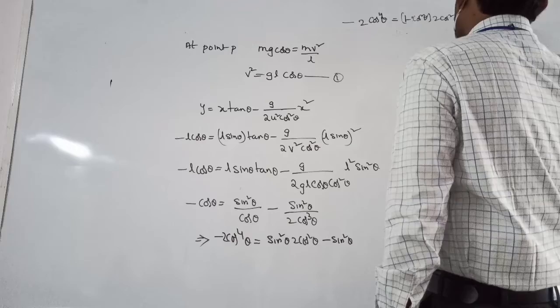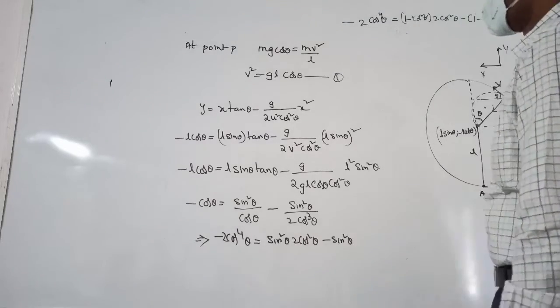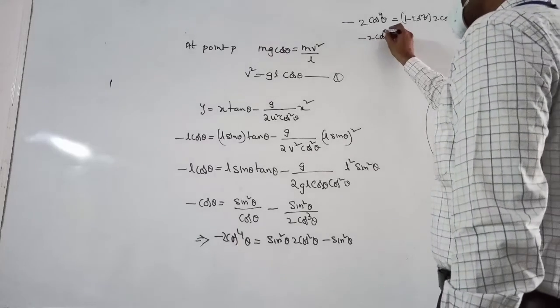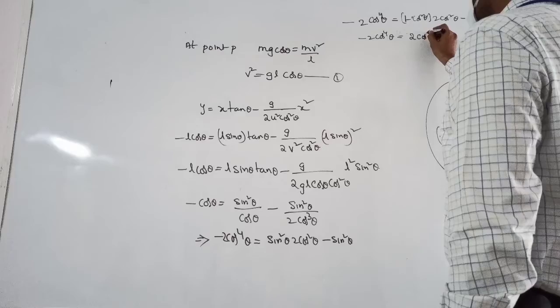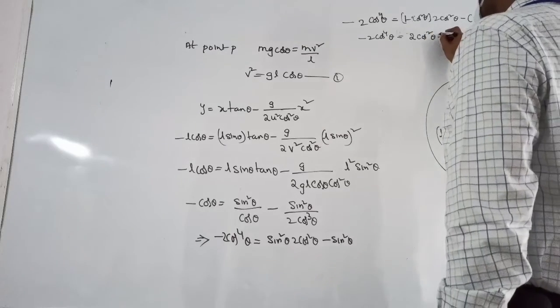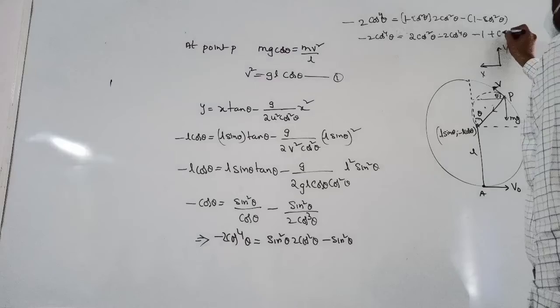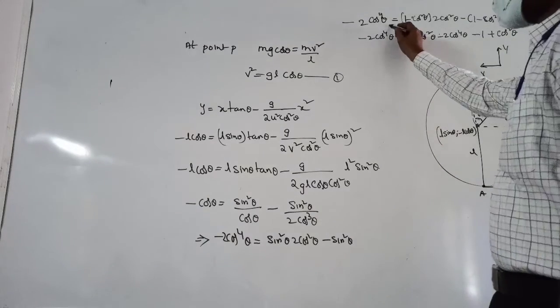So this is minus 2 cos power 4 theta is equal to 2 cos square theta minus 2 cos power 4 theta, and this gives 3 cos square theta is equal to 1.